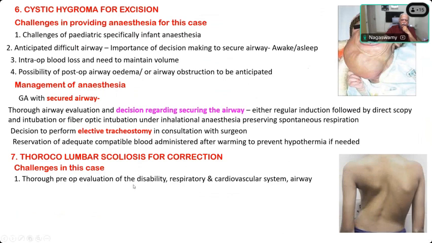These are the four things that you have to keep in mind. Disability is mainly for the patient, pain or walking difficulty and all that. But from an anesthesia point of view, we have to evaluate the respiratory system. So what respiratory problem can these patients have? Restrictive lung disease with inadequate expansion. That can lead to what sort of cardiovascular problem?